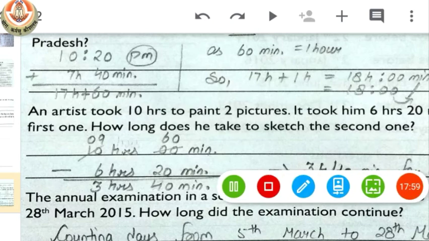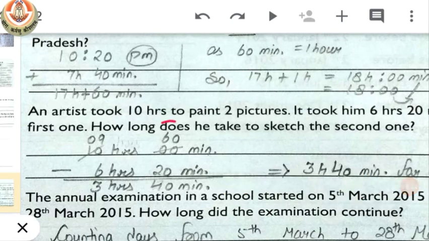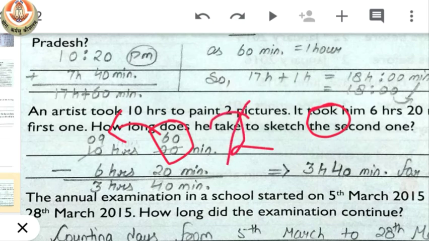See how we subtract 6 hours 20 minutes from those 10 hours. As we know, when we have 0, we borrow from the previous number. When we borrow, it becomes 1 less and the 0 becomes 10. But in the case of the clock system, we all know that 1 hour equals 60 minutes.